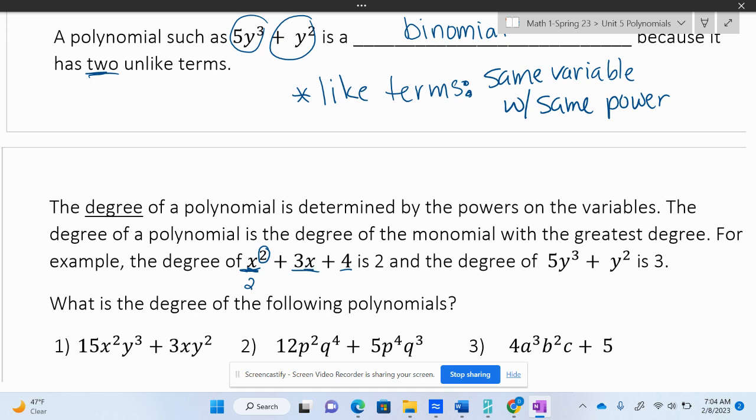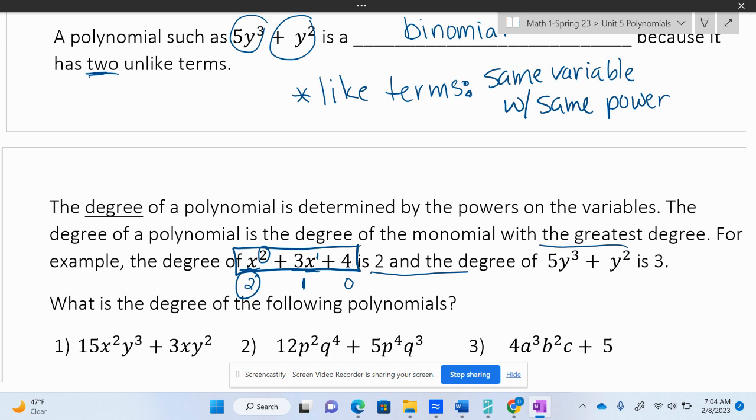This term has a variable with an exponent of 1, so this is degree 1. And this has no variable at all, so that means that this is degree 0. So this whole polynomial is degree 2 because it's the largest degree term.